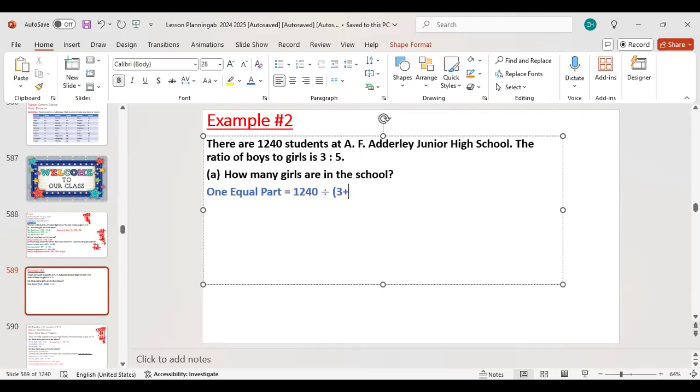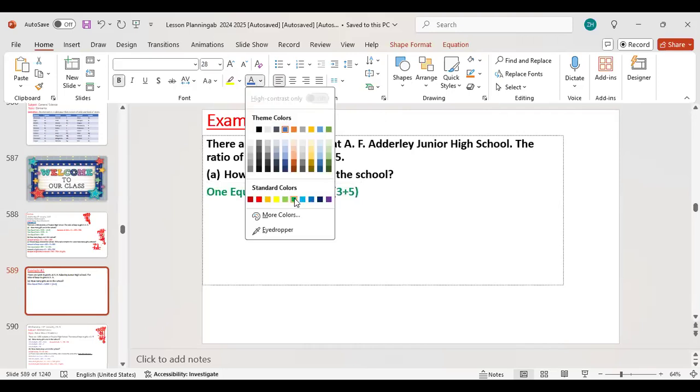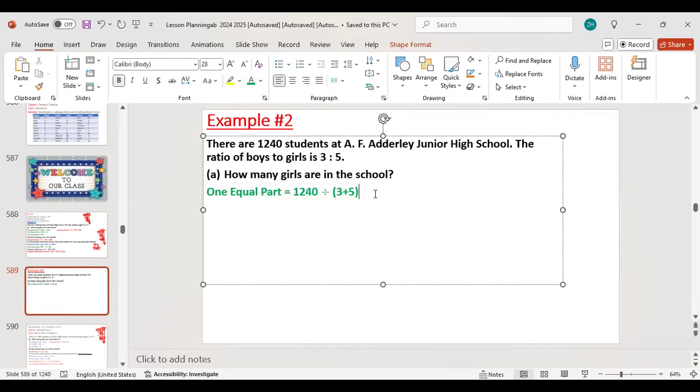Because that's the equal, I forget the word. That's the total equal parts. Very good. So 1 equal part is going to be equal to 1,240 divided by what?